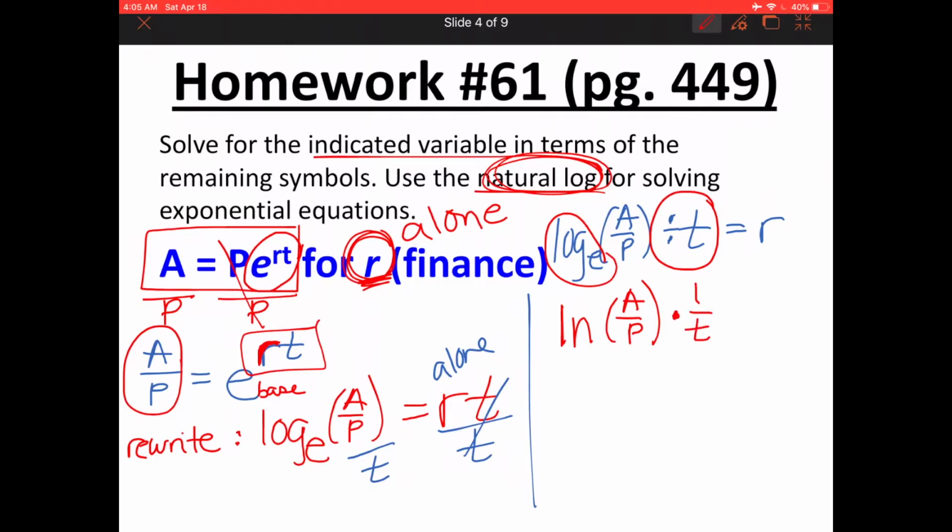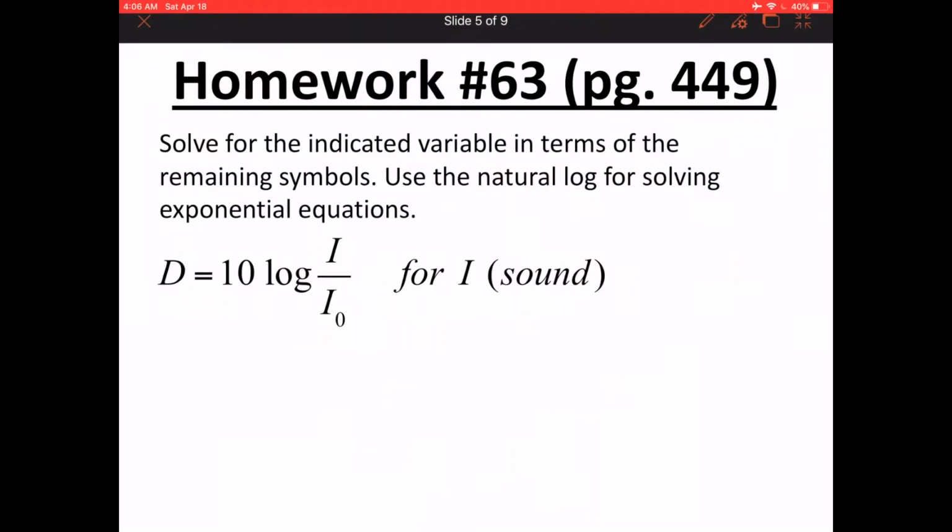And that's how it's going to show up on the test, so that's why I want you to get familiar with that, equals r. So here is my final answer, okay, guys? It's just a matter of rewriting our work into a different format. So ln of A divided by P times 1 over t equals r. 1 out of 4 problems done. Let's go to the second one.